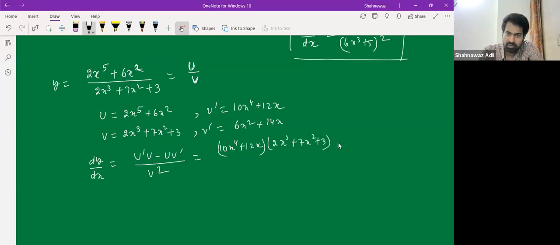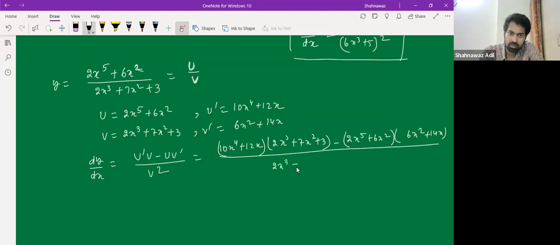Minus u and v dash. V dash is 6x squared plus 14x. And v square, so (2x cubed plus 7x squared plus 3) whole square. This is very long.